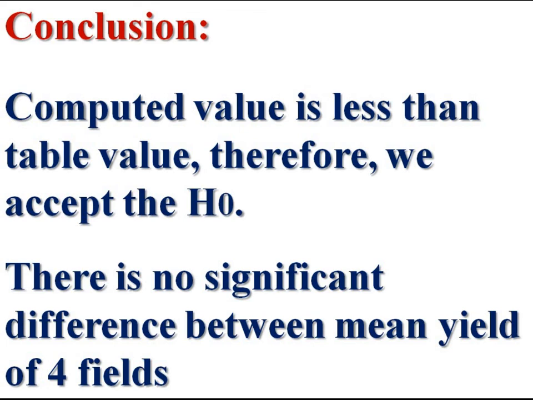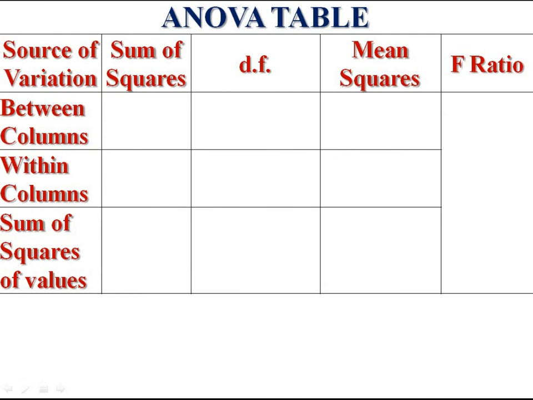This is our answer, but this answer is to be attached with an ANOVA table. At the end of the question we have to draw the ANOVA table. This is the ANOVA table. Source of variation, sum of squares, degree of freedom, mean squares, F ratio.